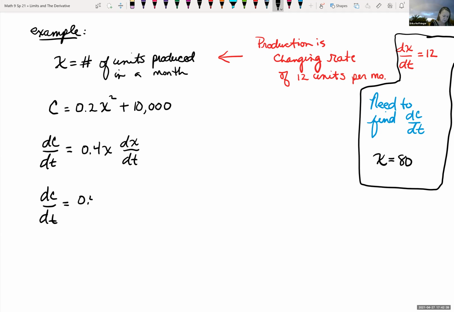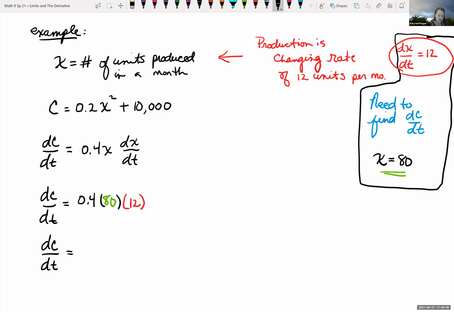So we have 0.4 times x. x, where we're given, was 80. dx/dt we were given was 12, times 12. So the rate of change of the cost at those values.